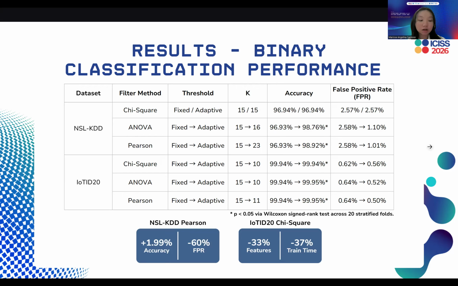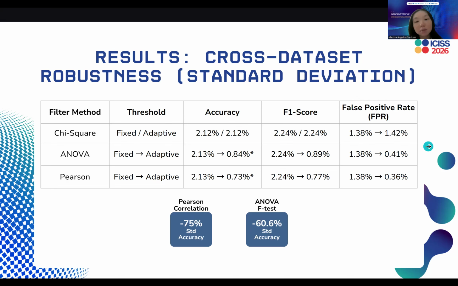And the next one, this last result slide answers our third objective directly. Adaptive thresholding makes the model much more robust across different network environments. We measured this as the standard deviation of accuracy, F1 score, and false positive rate across NSL-KDD and IoT-ID20.